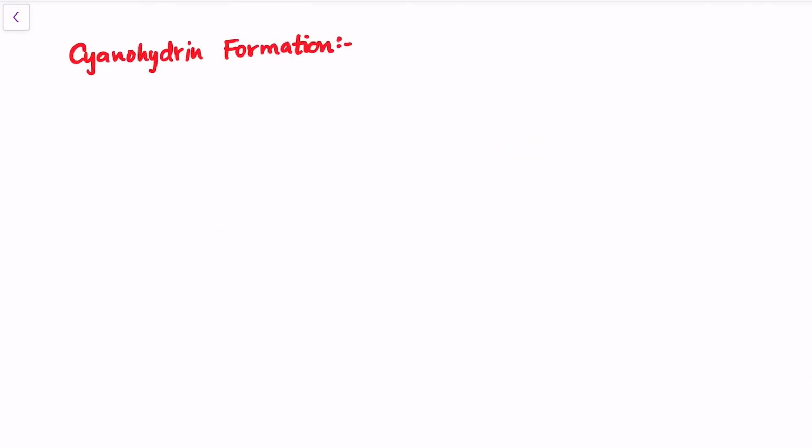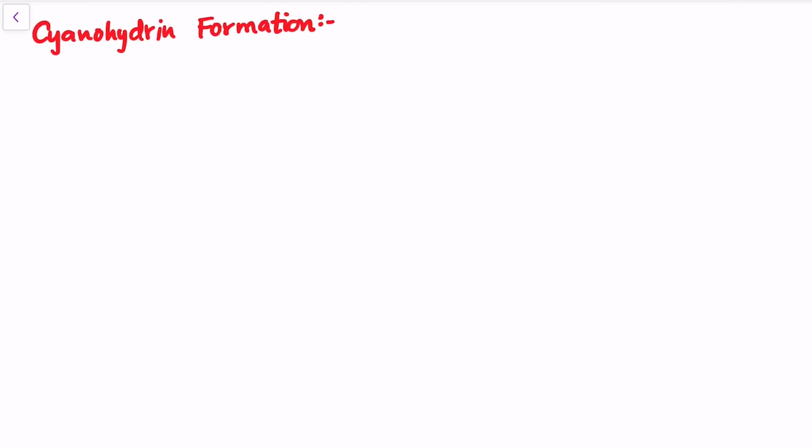So the next carbon nucleophile is a cyanohydrin. So what is a cyanohydrin here? We use hydrogen cyanide as the nucleophile. Hydrogen cyanide is HCN. When you react hydrogen cyanide with aldehydes and ketones, it will form a cyanohydrin. So what is a cyanohydrin?